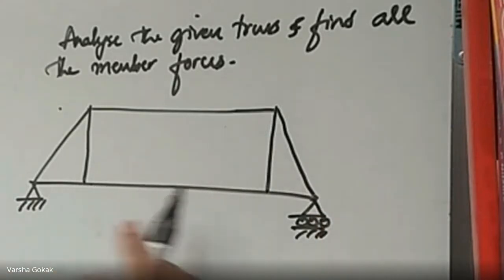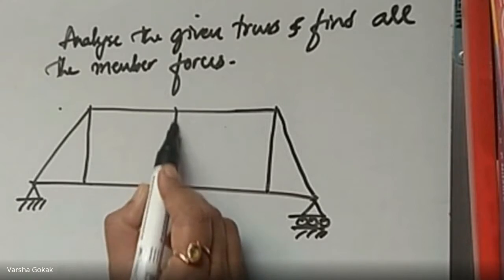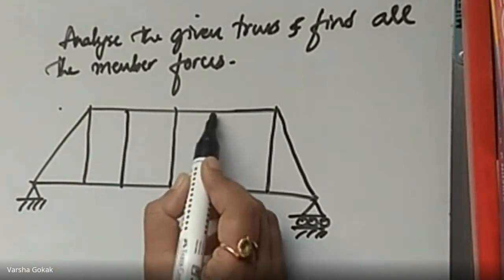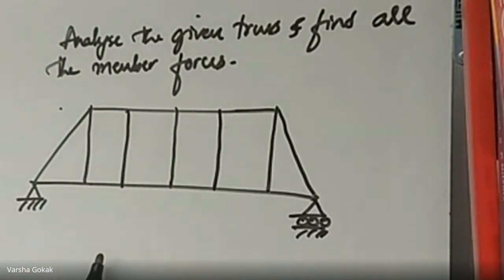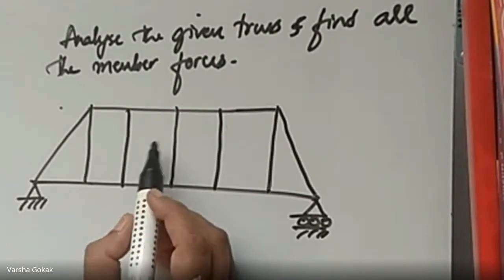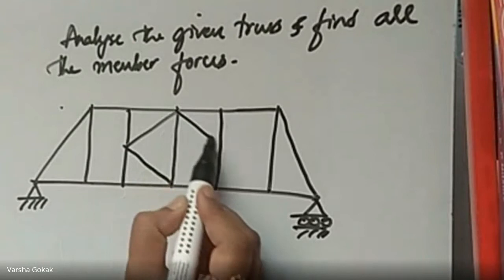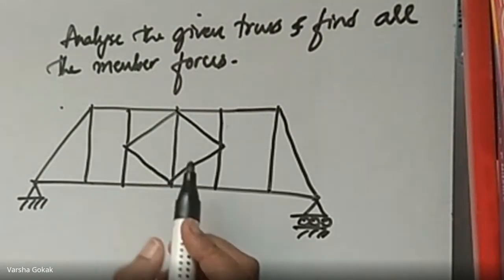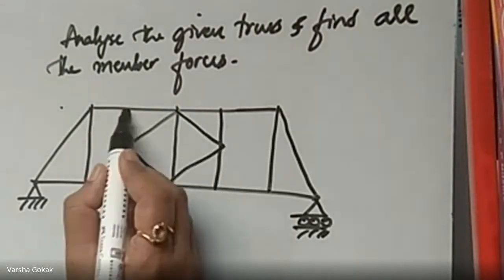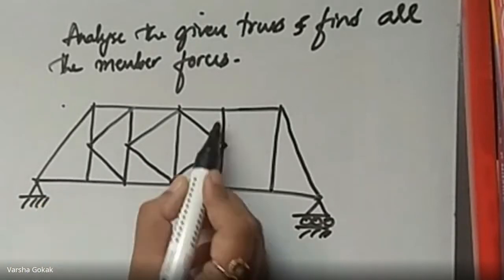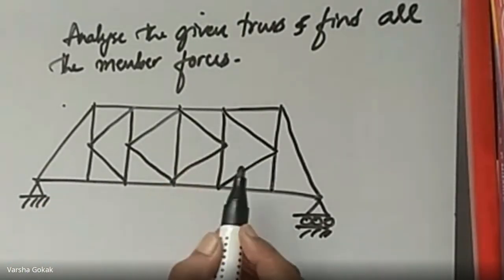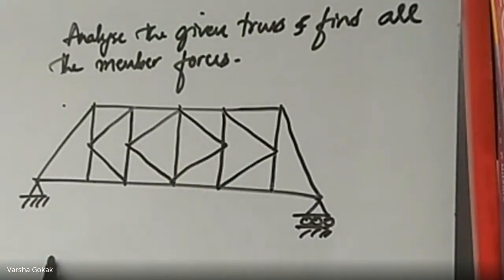Okay, and 1, 2, 3 more. It's comparatively a bigger truss, right? That's why I asked you. Then we have like this. Okay, quite a big truss, no?